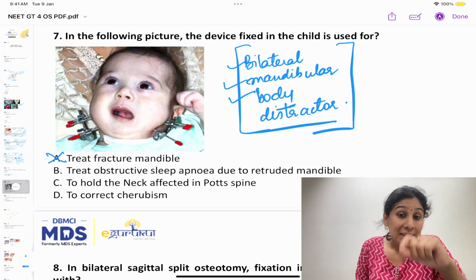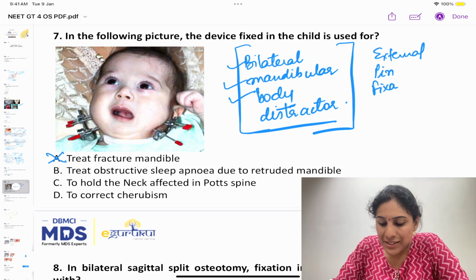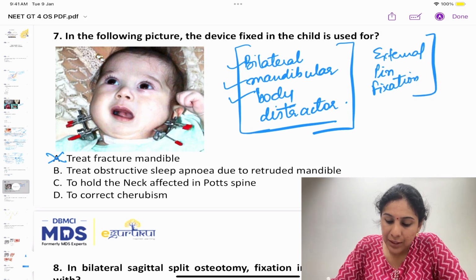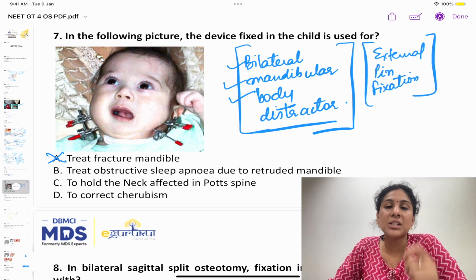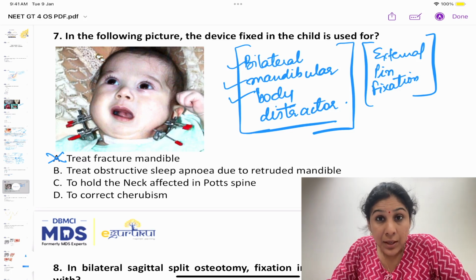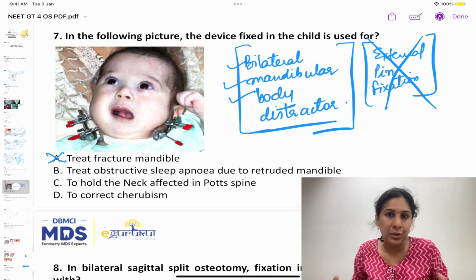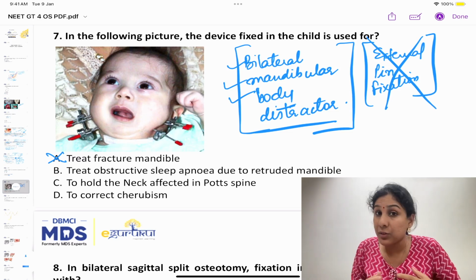Remember, this image looks very similar to external pin fixation. You must have seen in some of your textbooks that external pin fixation is one of the treatment options in comminuted fractures. But it is very, very rarely used in the maxillofacial region. I have never seen it, I've never used it.